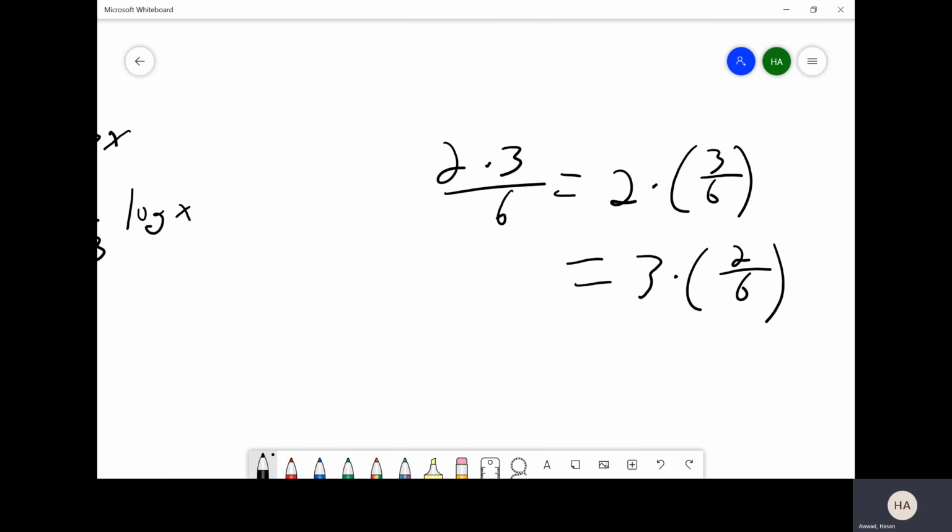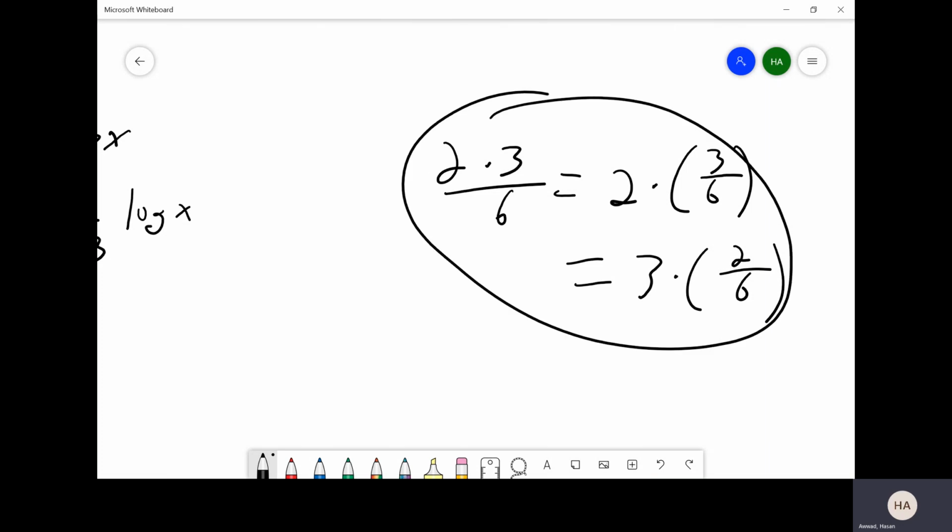What I'm getting at here is that if you have two things being multiplied up top, you can always move one of them out and just have the division of the other two. The reason for this is because multiplication and division are of the same order when you're talking about order of operations, PEMDAS. So this is all equivalent.